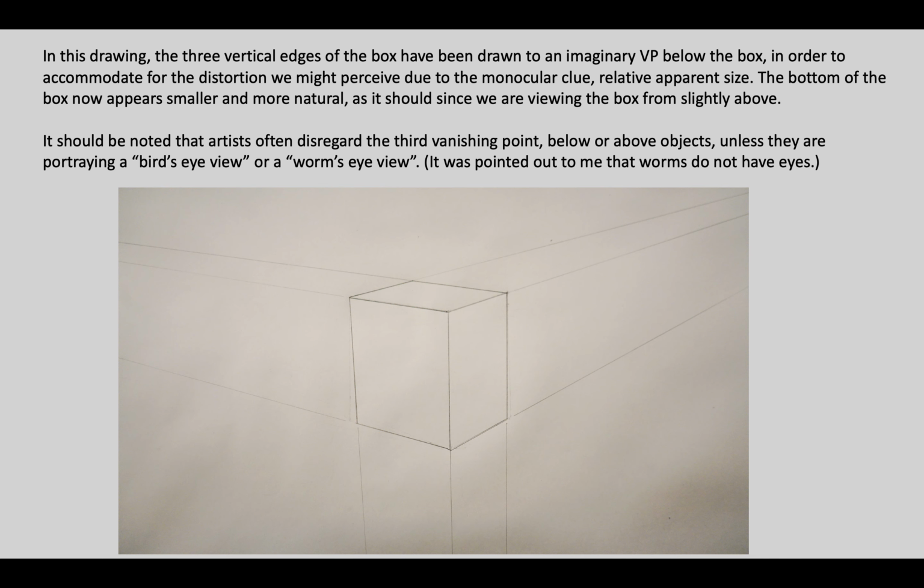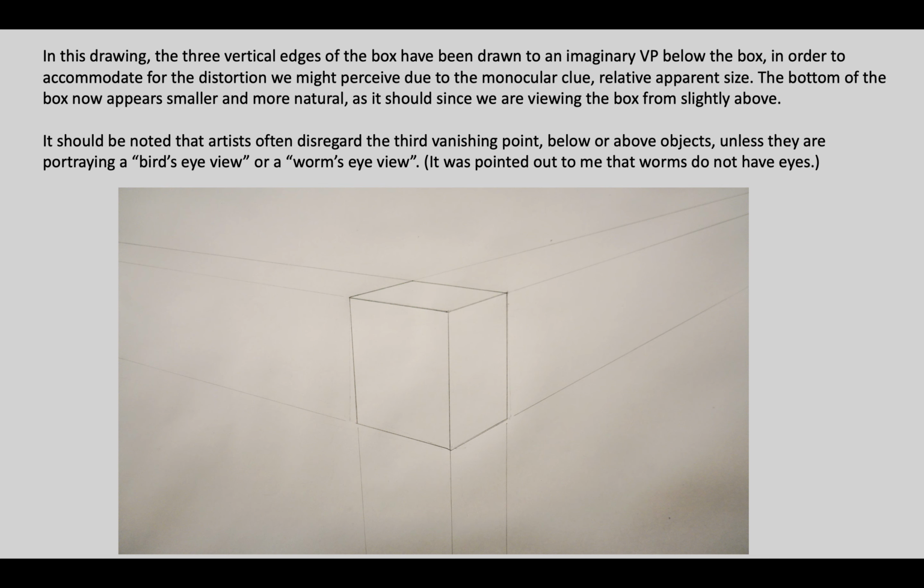In this instance, I made the 3 vertical lines converge slightly. This is the way it really ought to look. The reason for that is that the top 2 edges of the box, or the top 4 edges, the top 2 edges on this side of the box are closer to me than the bottom 2 edges at the bottom of the box, because I'm looking down at the box.